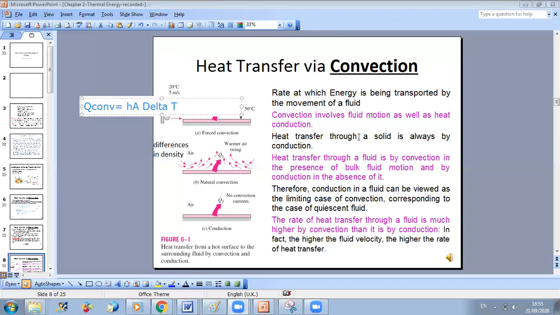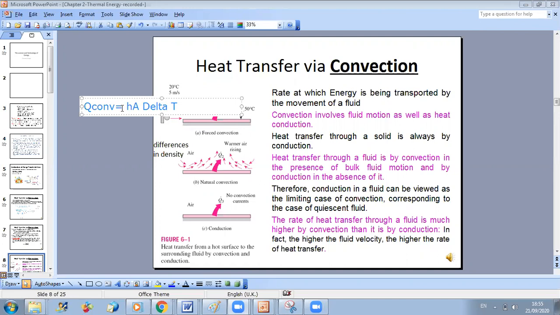Okay, so let us continue. So Q convection is calculated by h times A times delta T, where h is the convection coefficient. So if you do a comparison, in conduction you have the conduction coefficient k, and in convection you have the convective coefficient h, okay? And h also is calculated by experiments. And h depends on a lot of factors, as we will see.